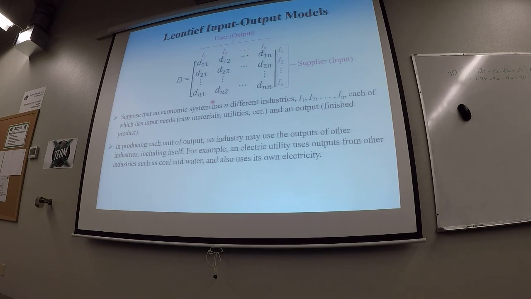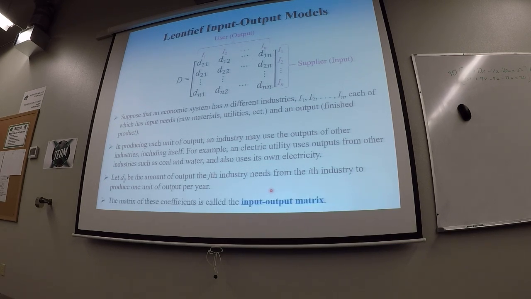In producing each unit of output, an industry may use the outputs of other industries or itself. And you let the amount be the output of, and remember the i and j, don't let that confuse you, it just is rows and columns, okay? So for an example, if d12 was 0.4, well d12 is right here. The user is industry 2.